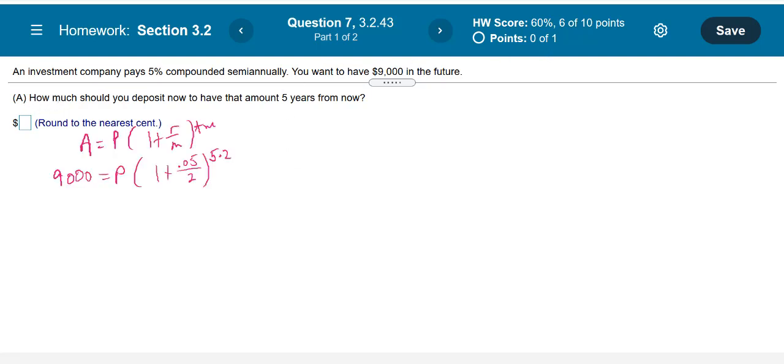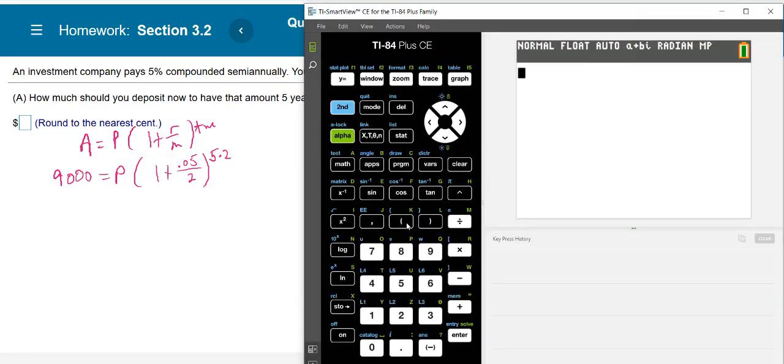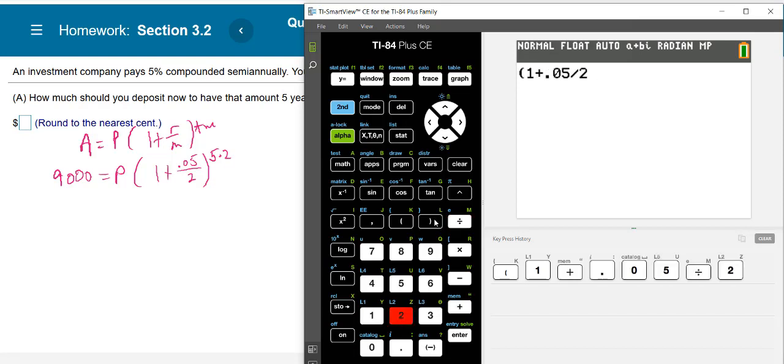Similar to what we did earlier, we will do the calculation next to the P on our calculator, and then we will divide the 9,000 by that. So here's my calculator. Here is the 1 plus 0.05 divided by 2. And by the way, the 2 comes from the semi-annually, raised to the 5 times 2.